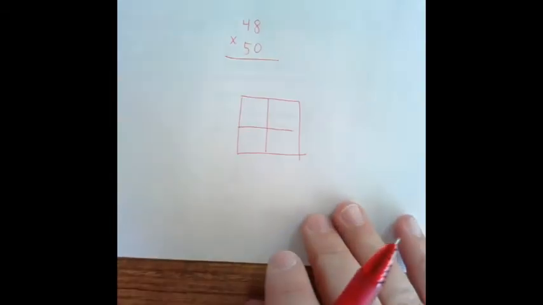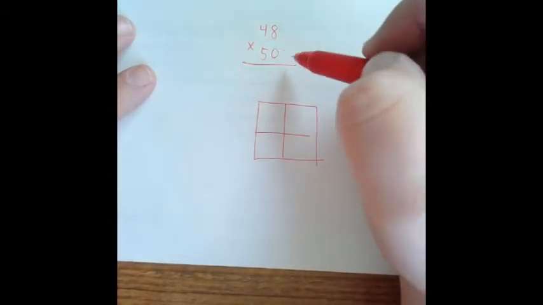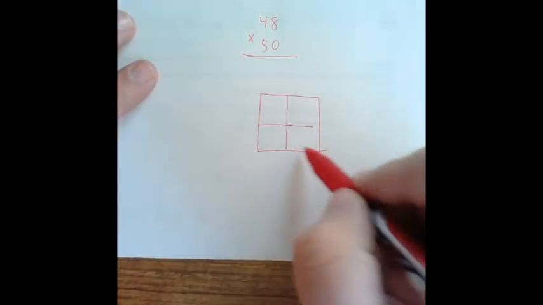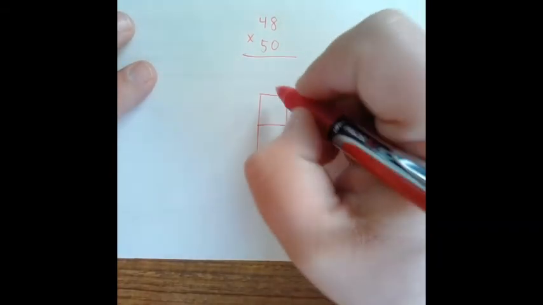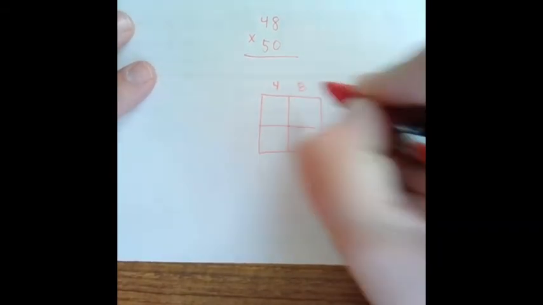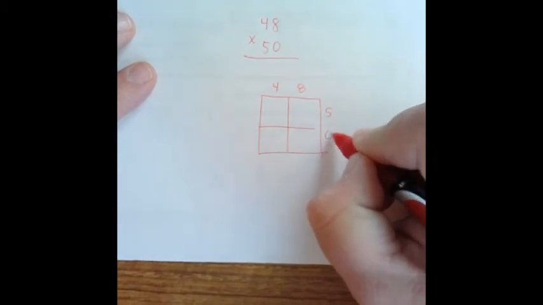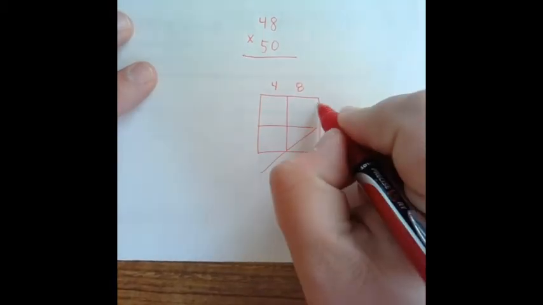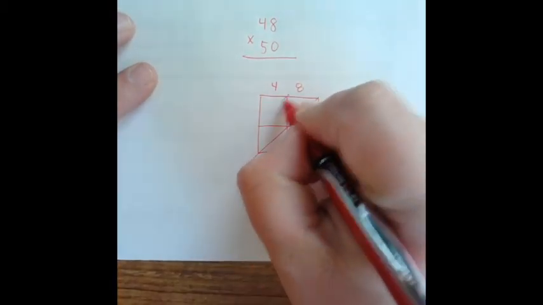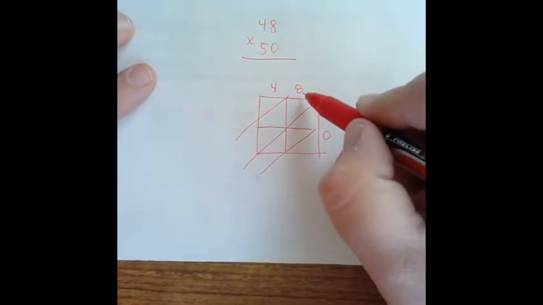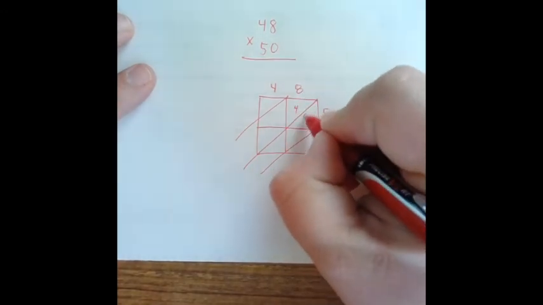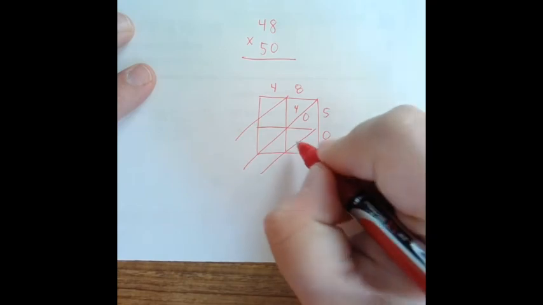Now I'm going to do this one using lattice. So we have 48 times 50. So we make our 2 by 2 array. Then you go and draw your diagonals. And then 5 times 8 is 40. 8 times 0 is 0.